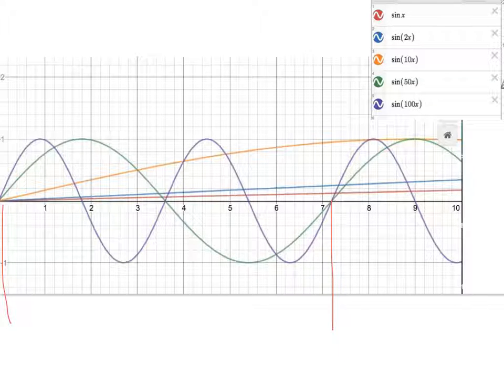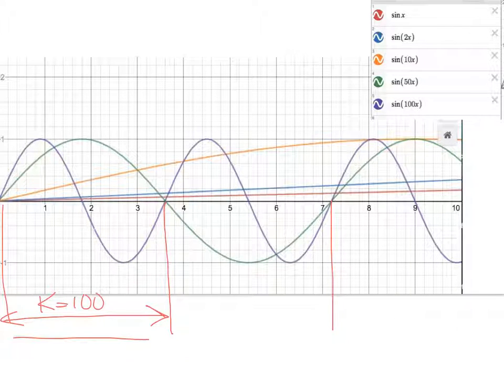And then sine 100, we can actually see a few of them. Like this would be where it is for k equals 100. And then over here was for k equals 50. So we actually have some graphs that are usable. Okay? We compressed everything by changing the coefficient in front of the x.